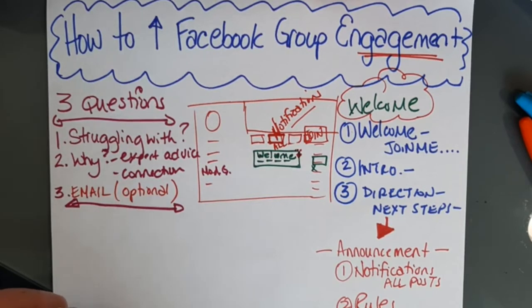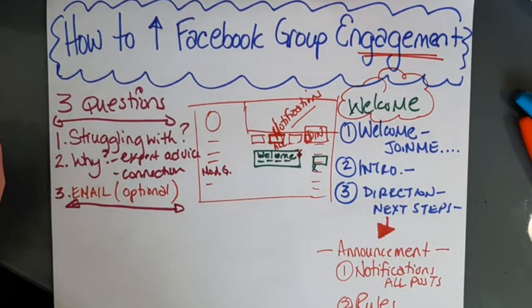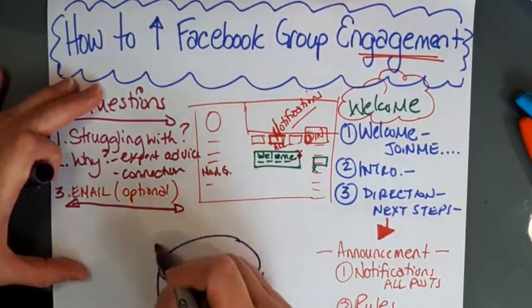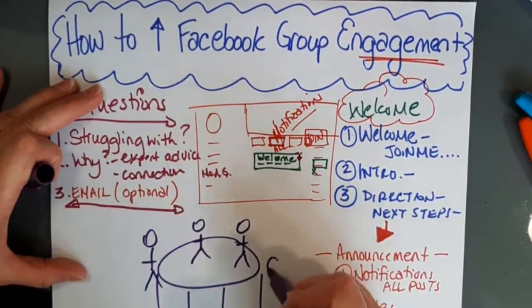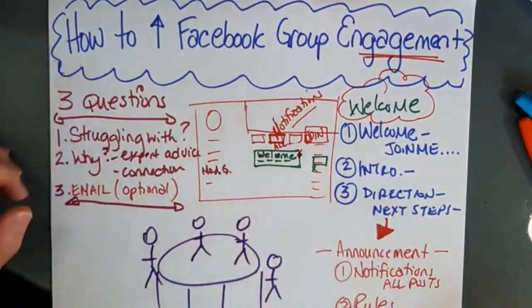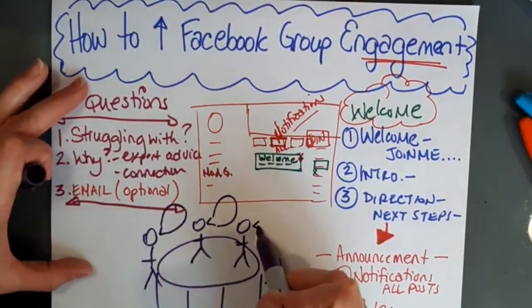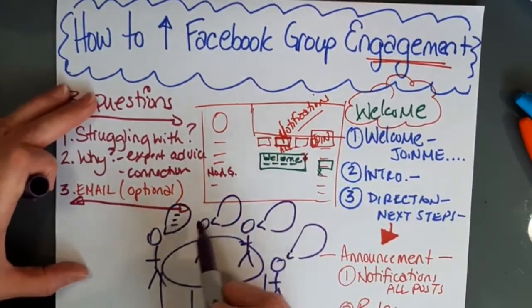Okay, so the next thing you want to do is consider your page like a dinner party. So pretend you're having a dinner party. And you want to think about what you would do at a dinner party.